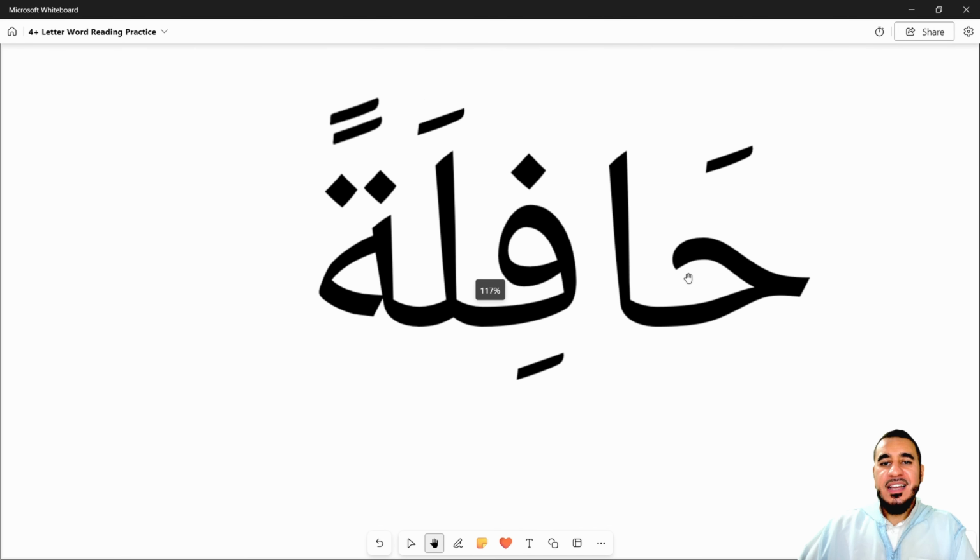And then we have this word here. We've got the ha with a fatha above it and the alif of mad. Remember, this alif doesn't have the hamza and there's no haraka on it, so we know automatically that this is a mad letter. It's the alif which is used to lengthen the fatha sound on the letter before it.